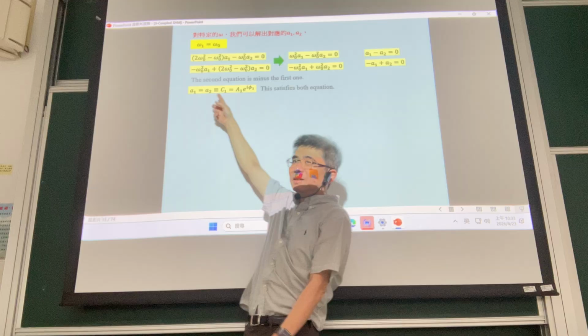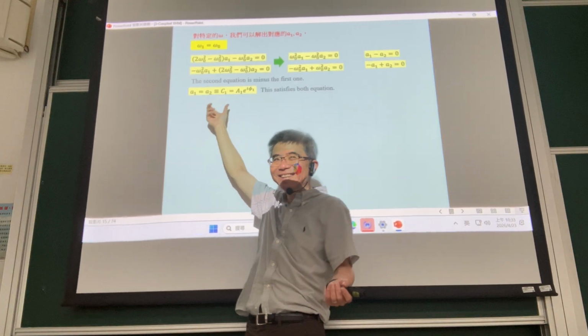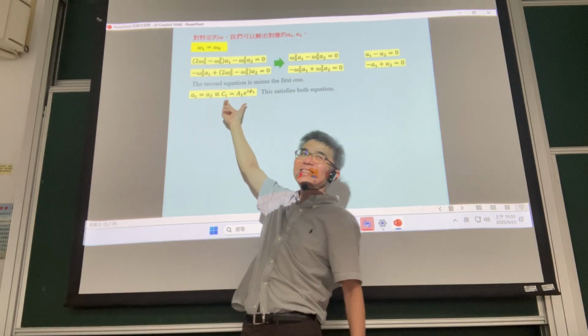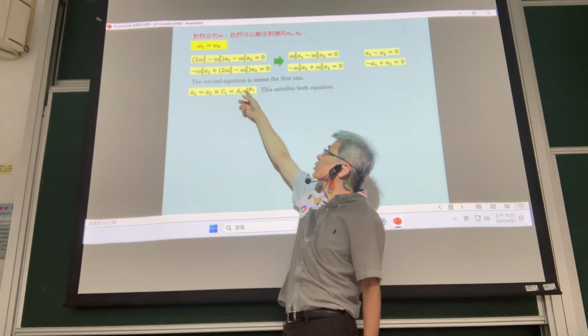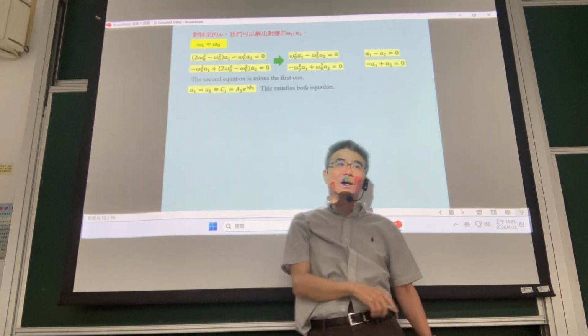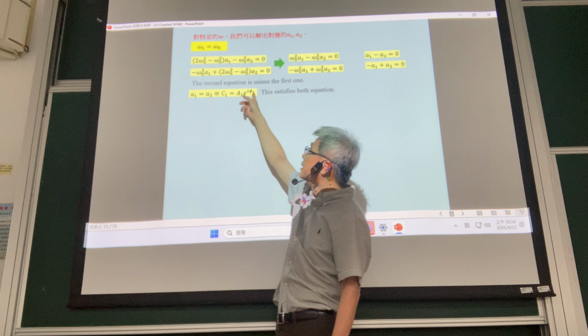So let's call it, because they are the same, let's call it C1, so that we have another constant. And this constant is complex, so that I can write it as A1 exponential i phi 1. The amplitude of the absolute value, the argument.